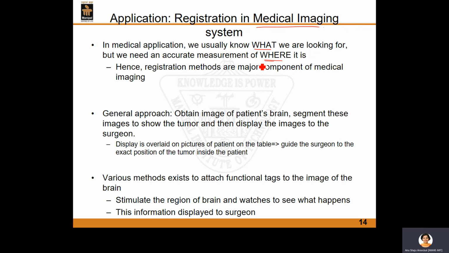We know there may be some kind of diagnosis which may be causing the symptoms, but we need to find out where exactly it is. Once you know where it is, you also need to find out the area, the shape, or maybe other texture information, all of that when it comes to diagnosis.